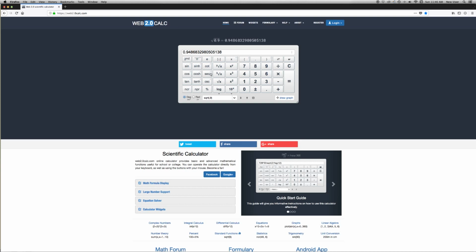9486. Now if I take the cube of that, I'll get 8538. And the cube of that is going to equal 622, which is the number that we're looking for. And if I square that, I'll get 387.